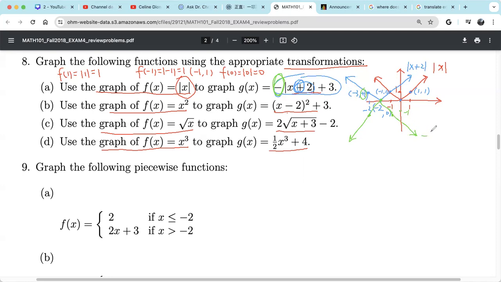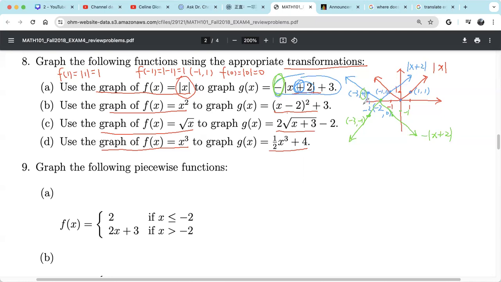So this is a negative absolute value of x plus 2. And what is this point? This point is -3, -1. You see, the x value doesn't change. It's the evaluation of negative absolute value of x plus 2 that gets changed.